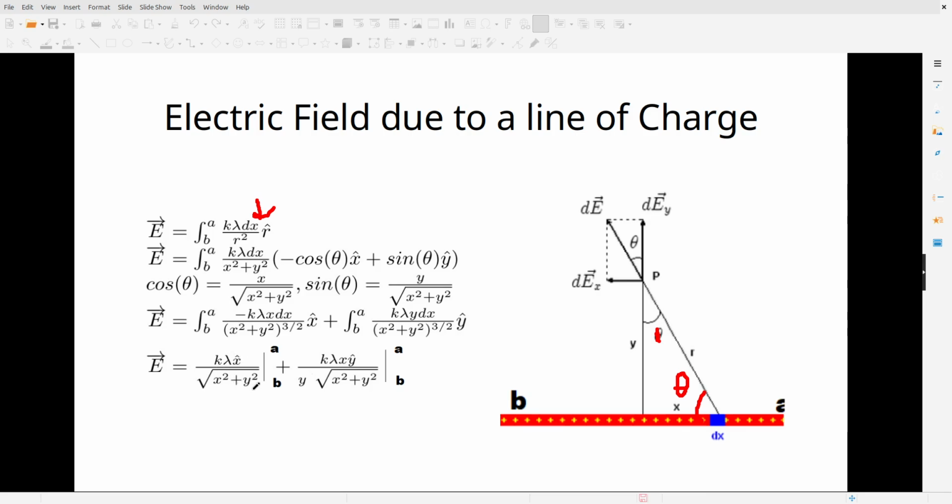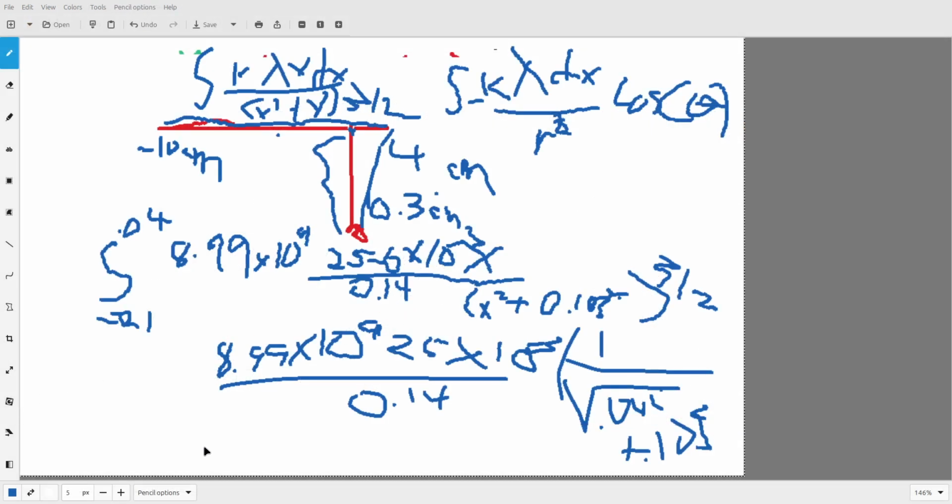Lambda, k, and y are constant. So this k lambda is always going to be the same. So when we do this problem, we put this in.